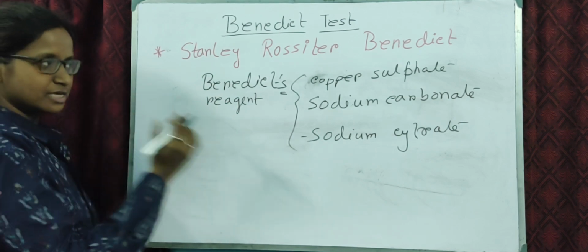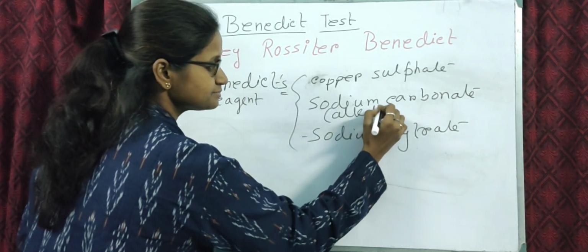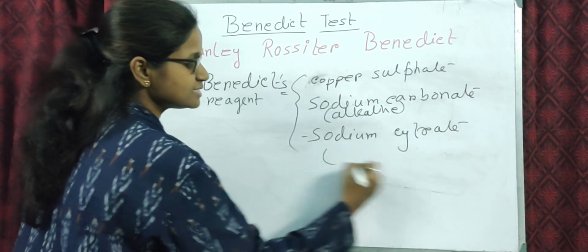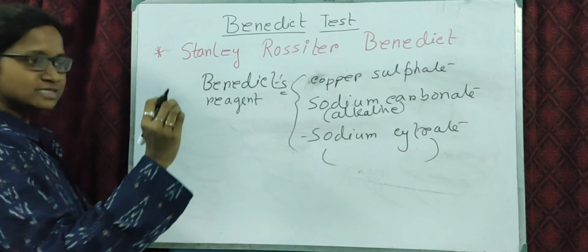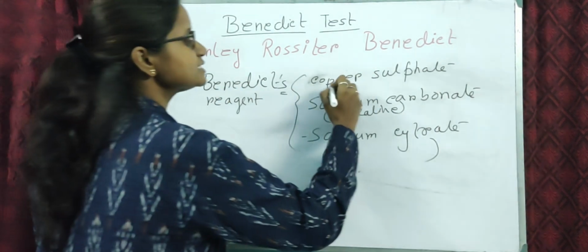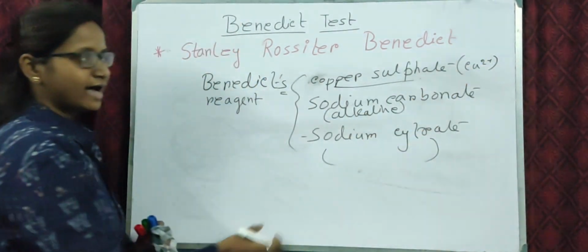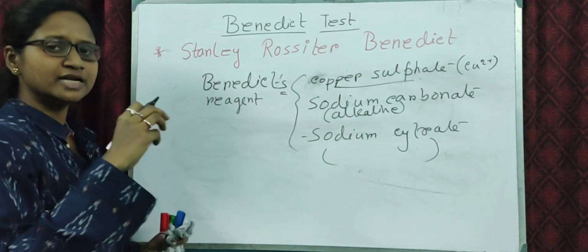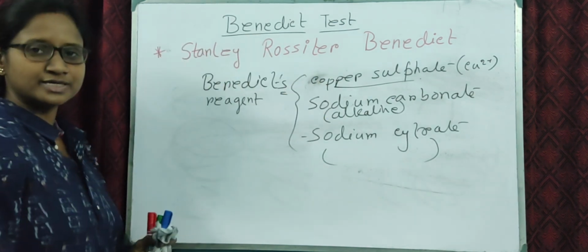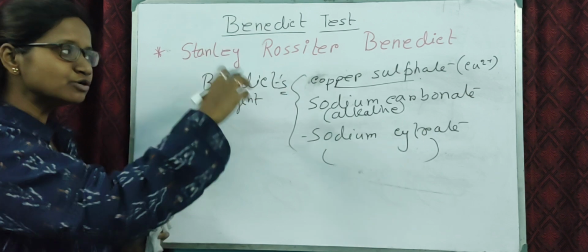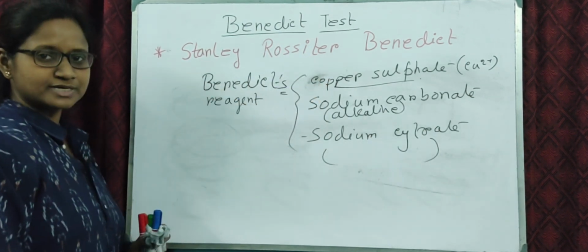Sodium carbonate makes the solution alkaline. Sodium citrate prevents the precipitation of cuprous hydroxide. Copper sulfate is present as cupric ions, and whenever we add a reducing sugar, it converts the cupric ion to cuprous ion. The sugar reduces the copper sulfate.